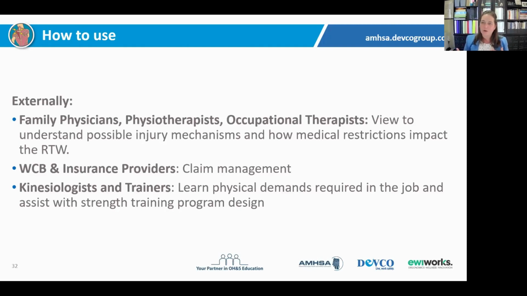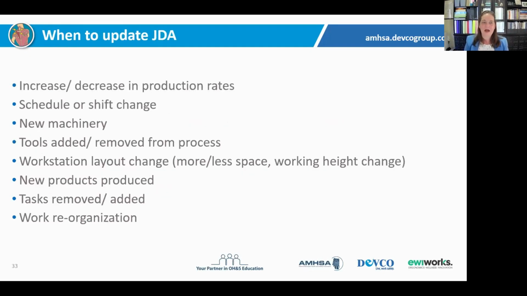If you've got an employee who needs to be able to lift a certain amount, and they've been cleared by their physio to return to work full time, but the physio doesn't know that they're constantly hand bombing 100-pound boxes, then it might be helpful for them to be getting some assistance.